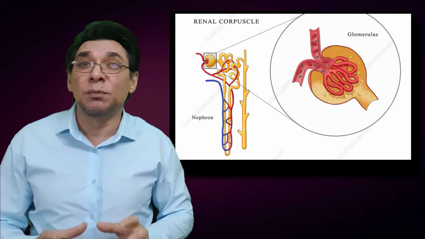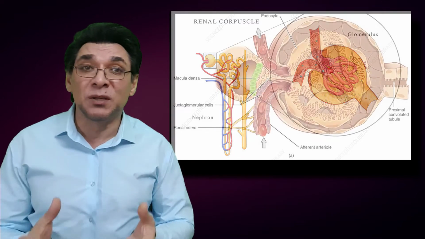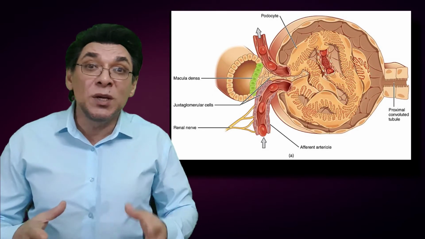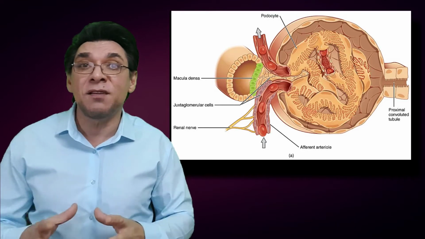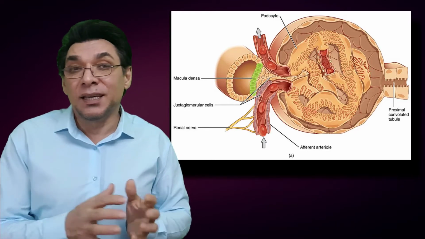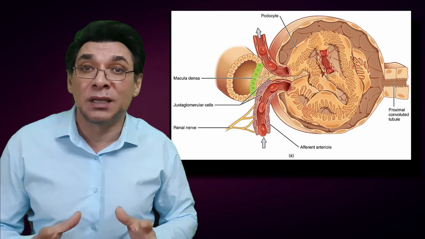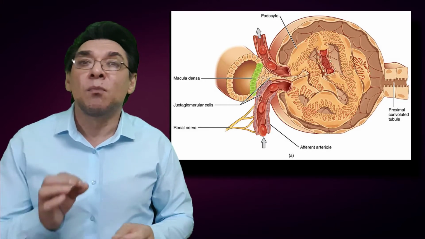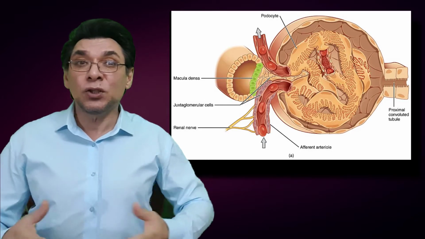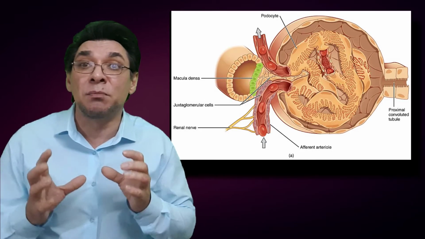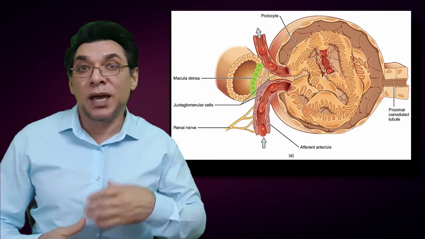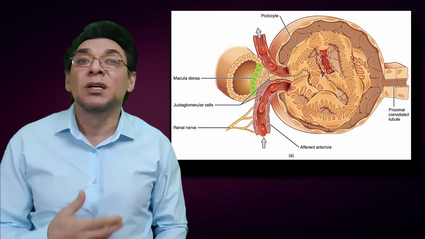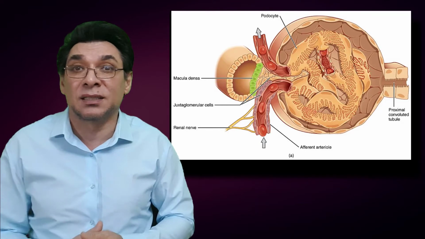The cavity of the Bowman capsule opens into the proximal convoluted tubule, which carries fluid away from the capsule. The inner layer of the Bowman capsule consists of specialized cells called podocytes, which wrap around the glomerular capillaries. The outer layer of the Bowman capsule consists of simple squamous epithelial cells.